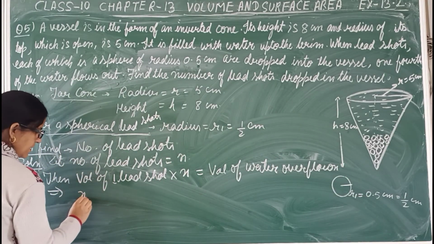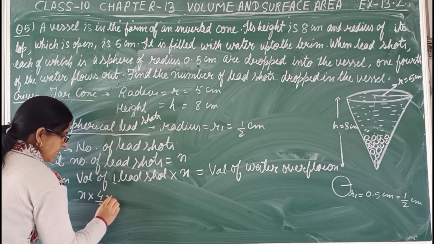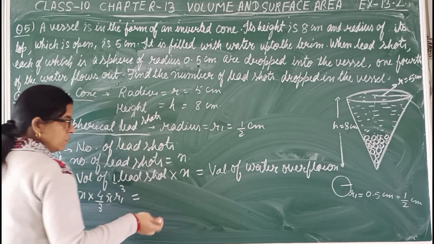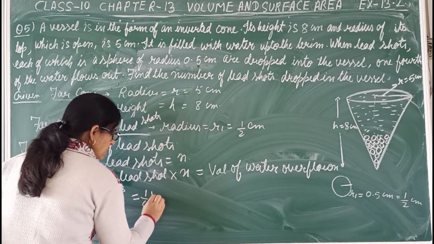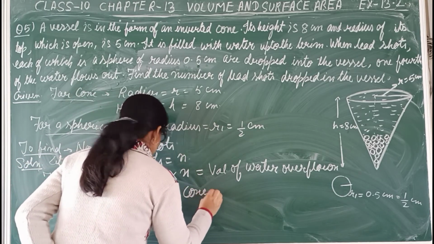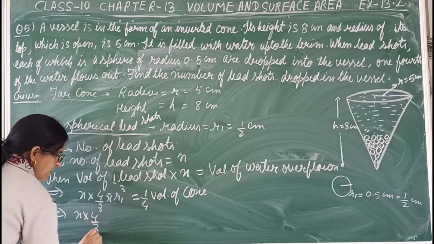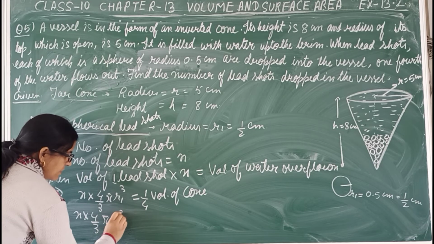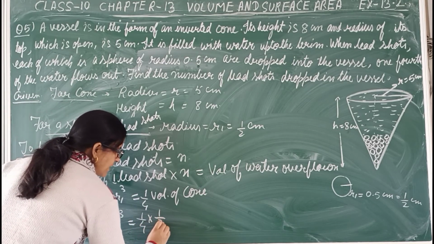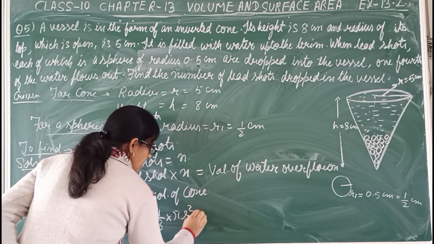This implies n into volume of one lead salt, which is 4/3 pi r1 cubed, equals the volume of the water overflow, which is 1/4 of the volume of the cone. So n into 4/3 pi r1 cubed equals 1/4 into 1/3 into pi r square h.